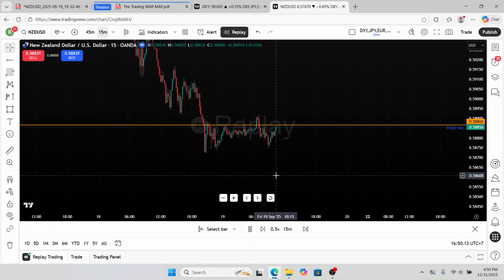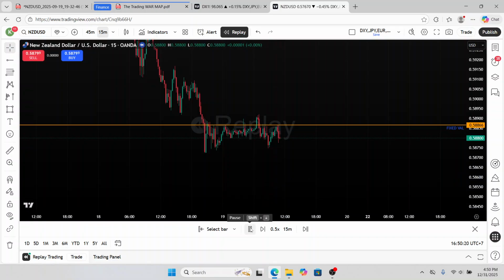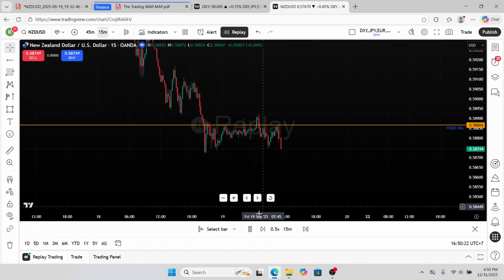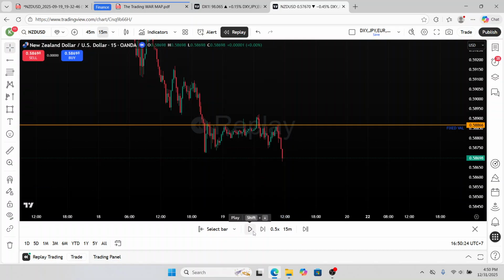So this is the Asian session on the Friday, and you see price could not break below or break above. Here is where it gets interesting, because we broke below this range.